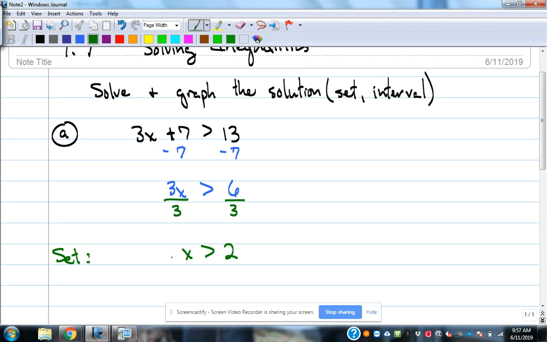You're just going to build it around that inequality that you found. X, the straight up and down bar, your inequality that you got at the end, and then a curly brace at the end. That's set notation. So if it asks for the answer in set notation, this is what it looks like.